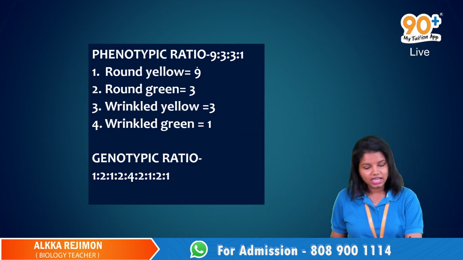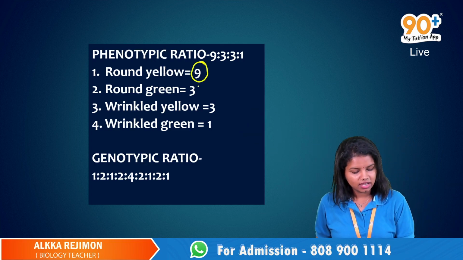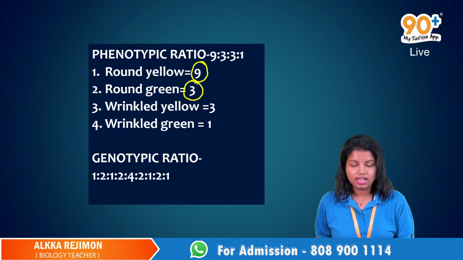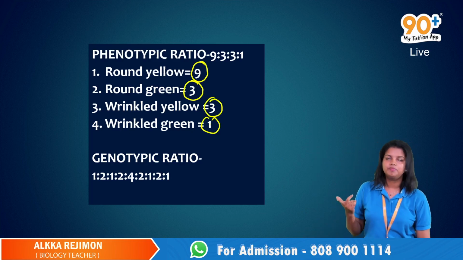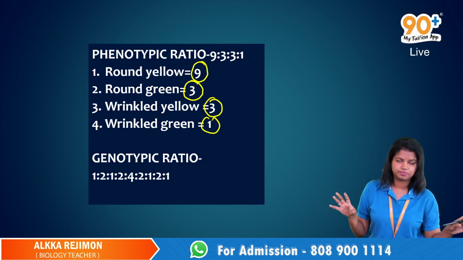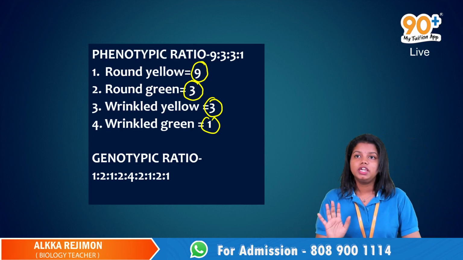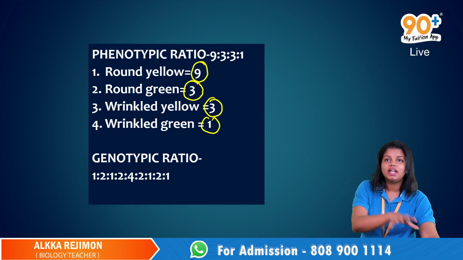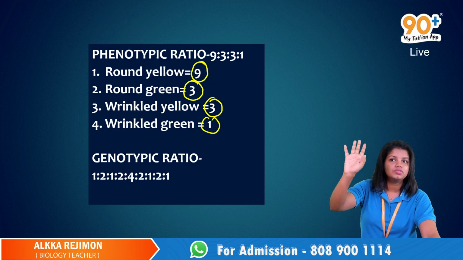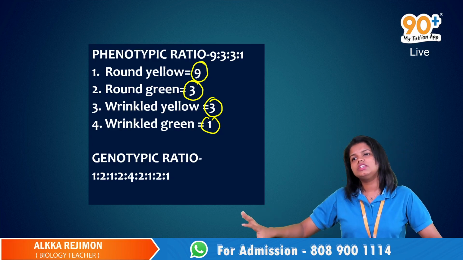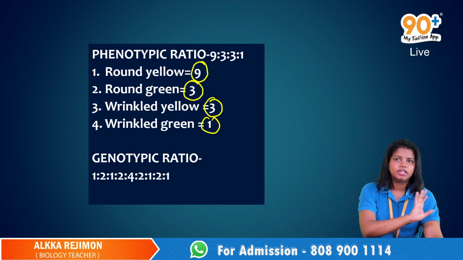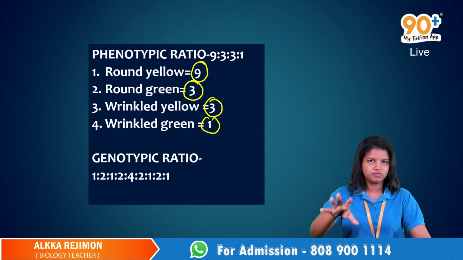You can see 9 round yellows, 3 round greens, 3 wrinkled yellow, and 1 wrinkled green. So out of those 16 offspring, the offspring are divided into a ratio of 9:3:3:1. That is the phenotypic ratio, and the genotypic ratio is quite complicated. You can see several types of genotypes there.